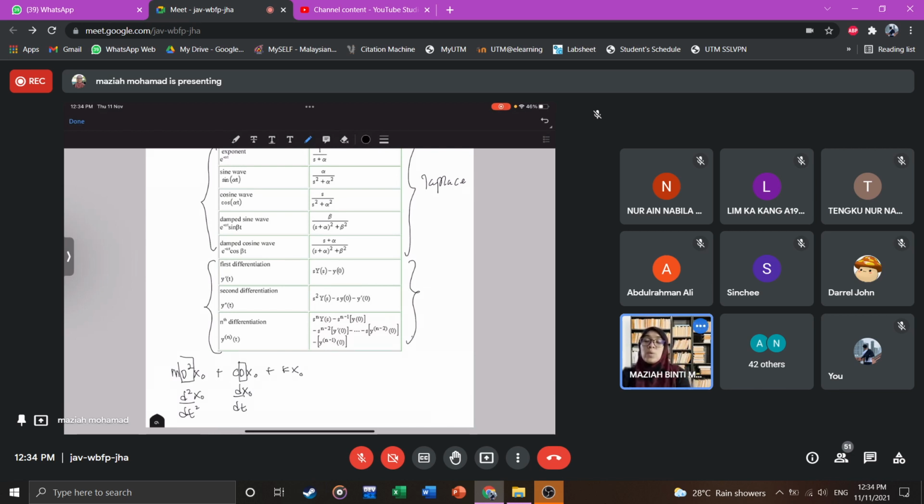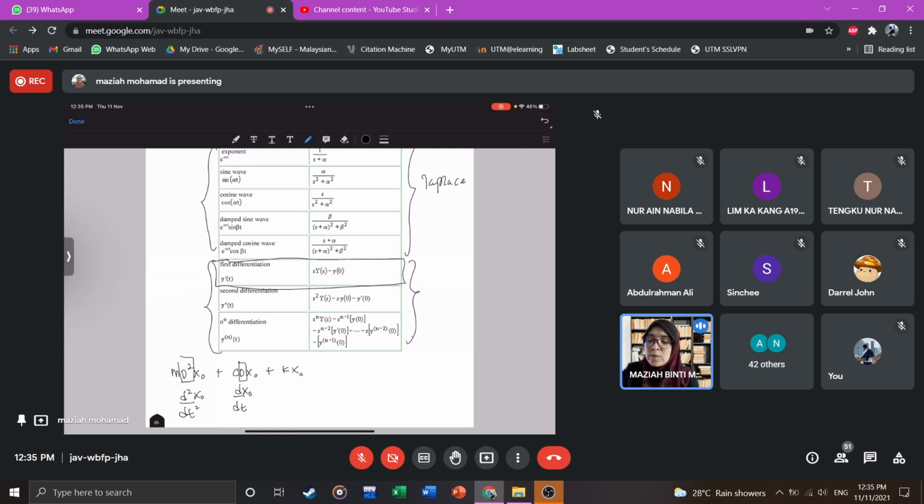When there is a first differentiation, like c d here, in Laplace you are going to transform that to become sY(s) minus y(0).